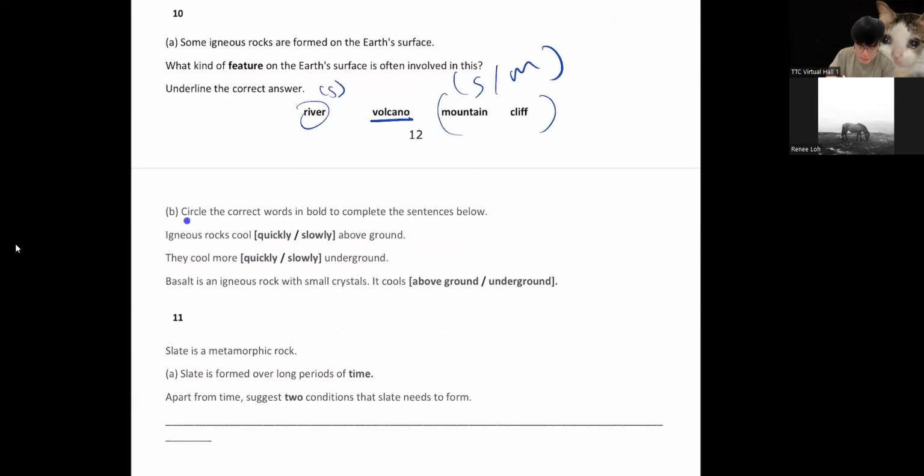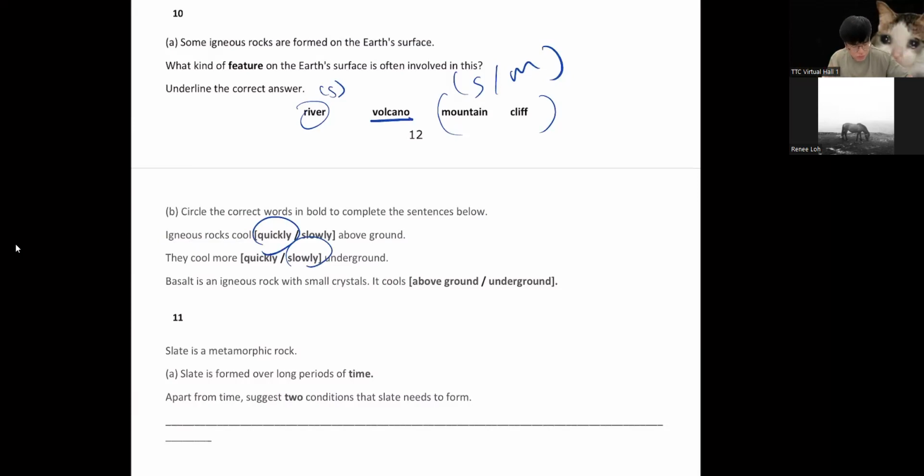So B, circle the correct words to complete the sentence. Igneous rock cools quickly above ground, because above ground is cool, and then they cool slowly underground. That's why they will form different rocks. Basalt is an igneous rock with small crystals.